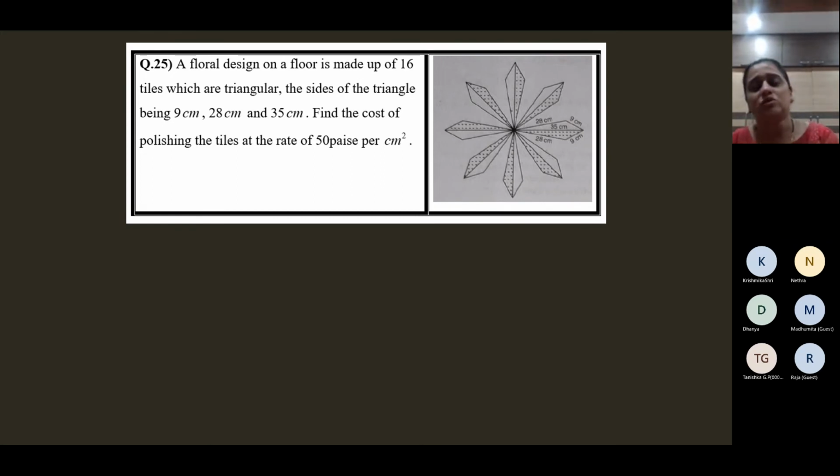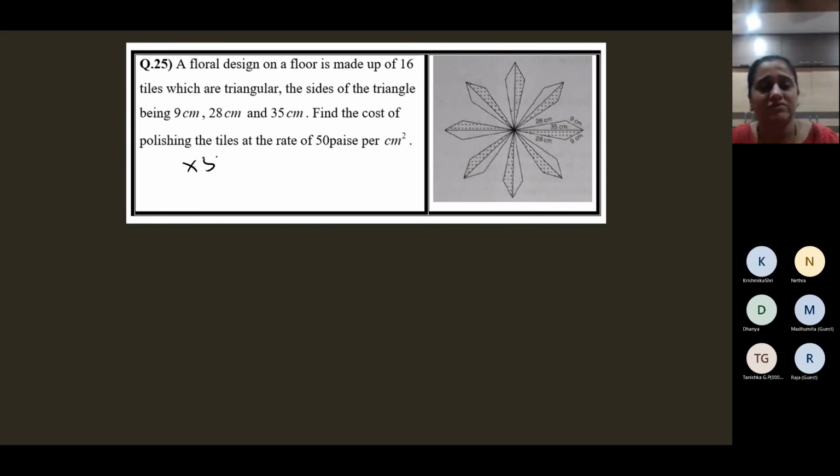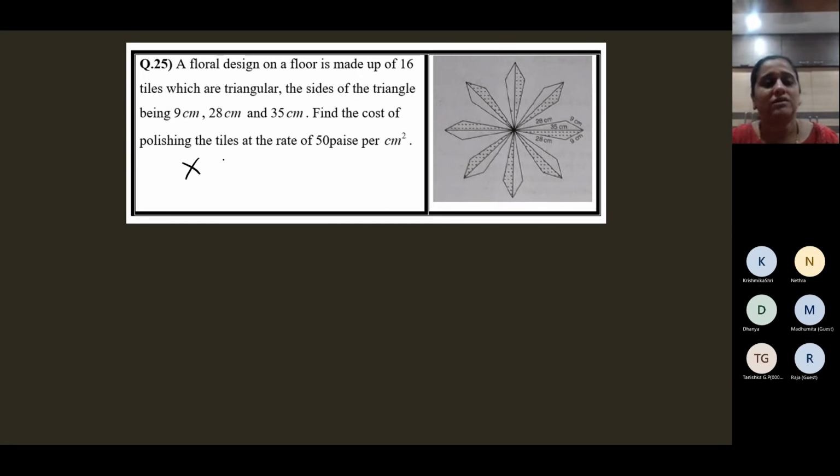Divide by 100 to find the cost in rupees, or you can directly multiply by 50 by 100, because 50 paise is equal to rupees 50 by 100. 50 by 100 is nothing but 1 by 2.